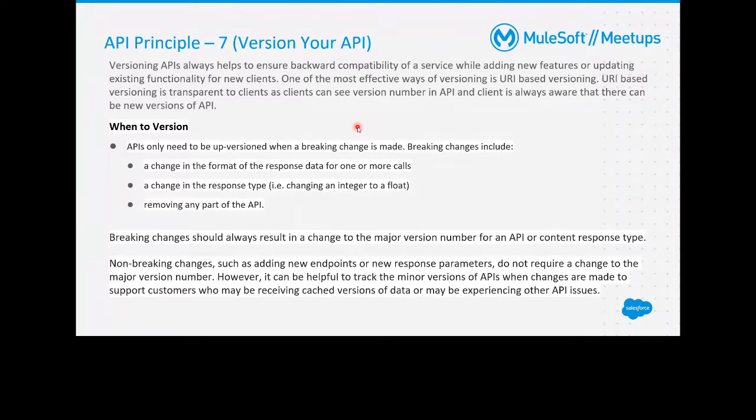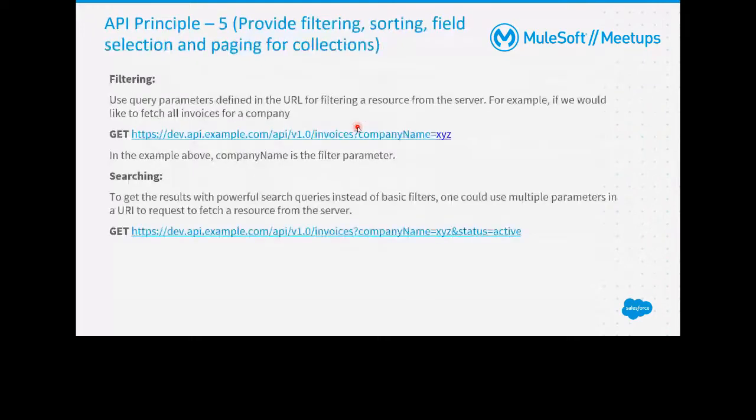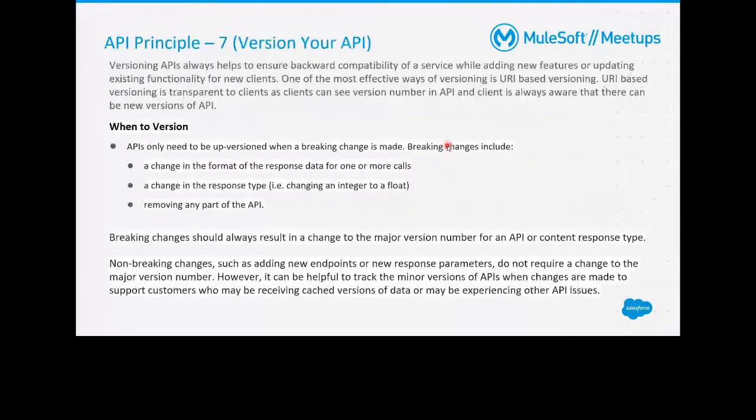But as Tirth rightly said, doing the versioning in the URI path is one of the best ways, because it's transparent to any client consuming the API, and they are aware of what version of the API they are consuming. Yeah, right. The visibility is really important, not just from the developer or the information provider perspective, but also from the information user.